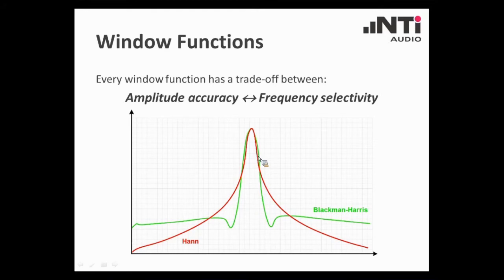Consequently, the Hann window would be more suited to differentiate signals where you have, for instance, two sine waves very close to each other, whereas the Blackman-Harris window would be better suited to analyze upper harmonics. But that is just a rule of thumb. It depends always on the concrete application.